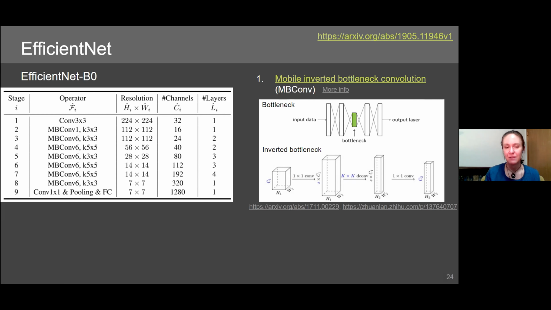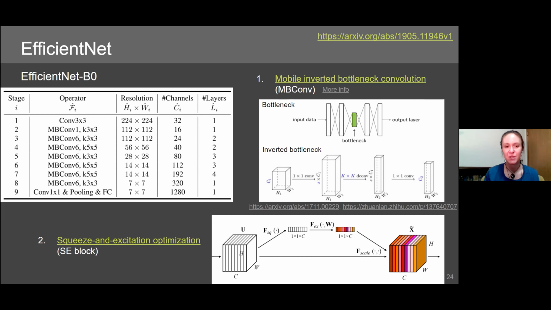The second thing they found was important was this squeeze and excitation optimization, or SE block. What this does is it is a way to generalize across the channels. Each channel gets squashed down into a single value, so you have essentially a vector of one value for each channel.